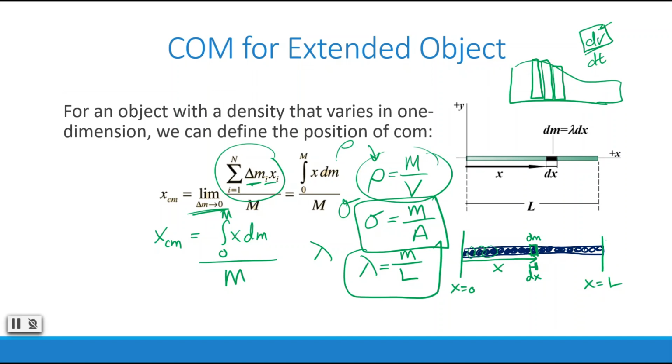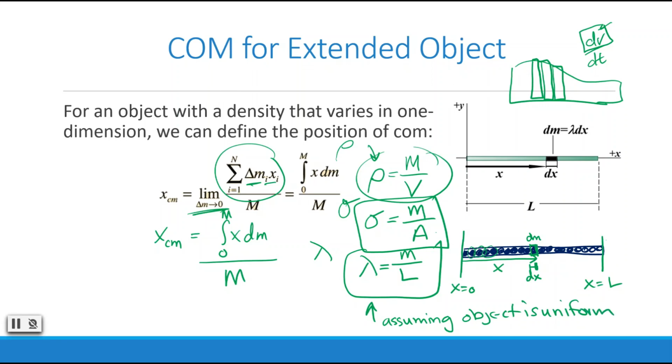So I'm going to assume that this rod is so thin, it doesn't really have a radius, it doesn't really have a width, it really just has the length. So this idea of mass over volume, mass over area, mass over length works. These formulas work assuming that the object is uniform.